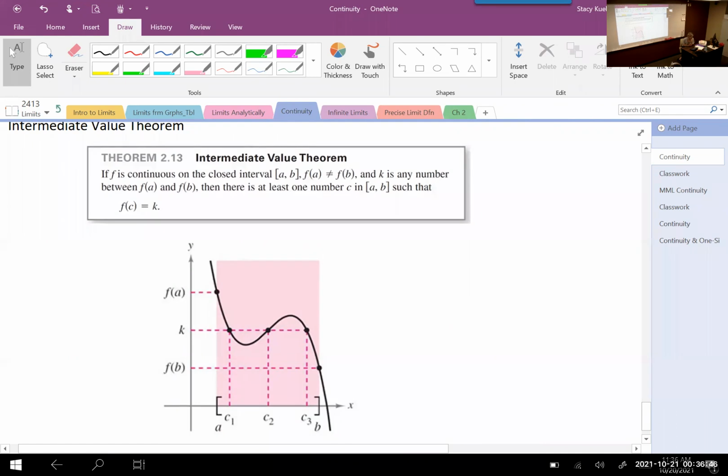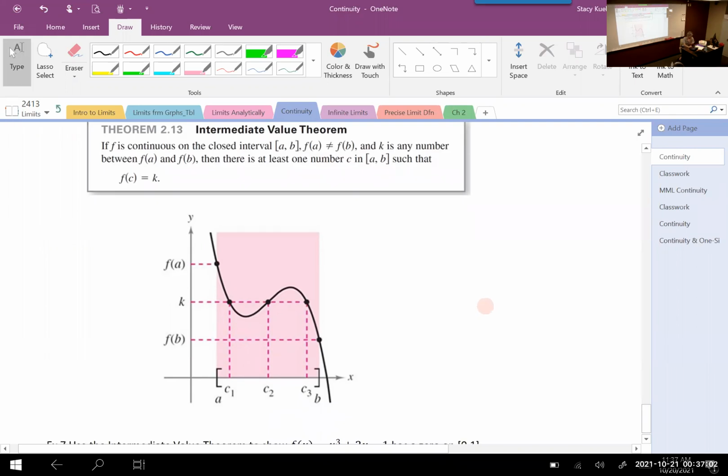The idea says that if f is a continuous function on a closed interval, and the function values at the endpoints are not equal, and you have k, which is in between my two function values, then there must be some value in between this interval.